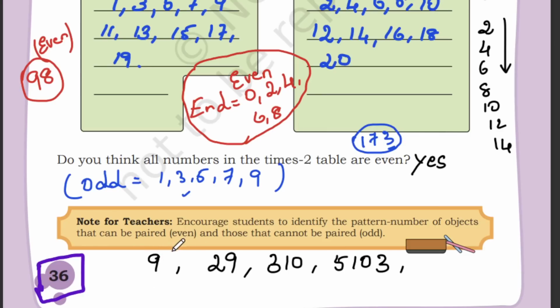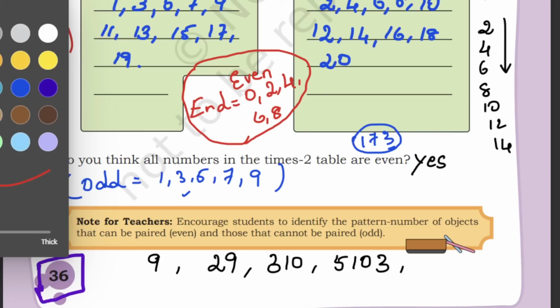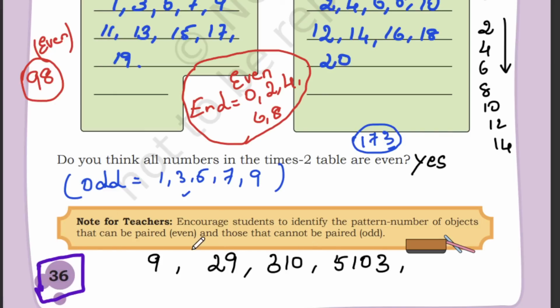Okay, so let's identify. I'm going to circle the odd numbers. So 9 here, an odd number ending with 9. So I circle 9. Again 29, the unit digit is 9. Again I circle. So 0 doesn't end in an odd unit digit, so I'm not going to circle.